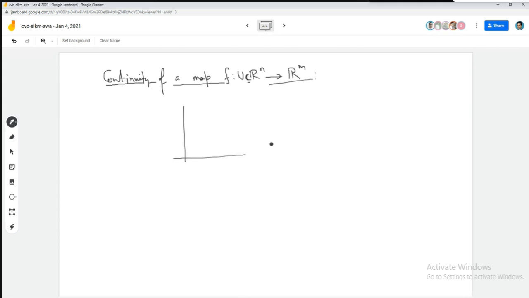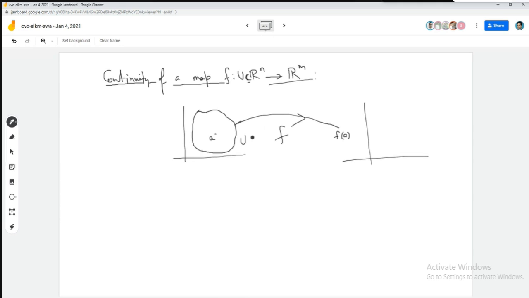Here is your Rn, here is your Rm, and f is a map from here to here. Here is your domain U, and a point, say A, and suppose this is your f(A).